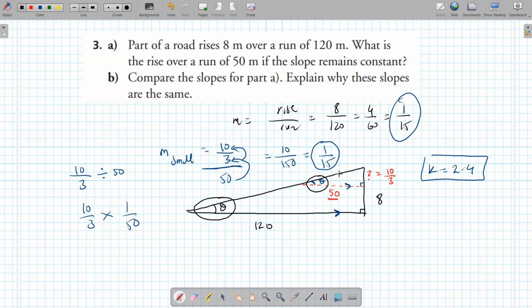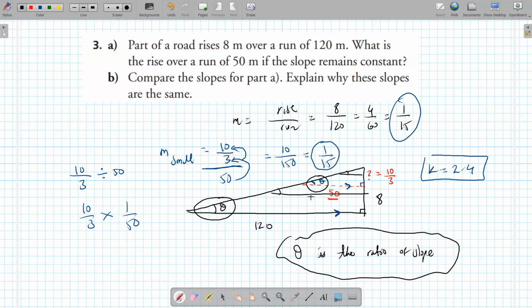I can draw infinitely many triangles here. All of these angles are going to be the same, and the slope of all of those triangles is also going to be the same because the angle is the same. This ratio is going to be unchanged as long as you have similar triangles, which all of these are.